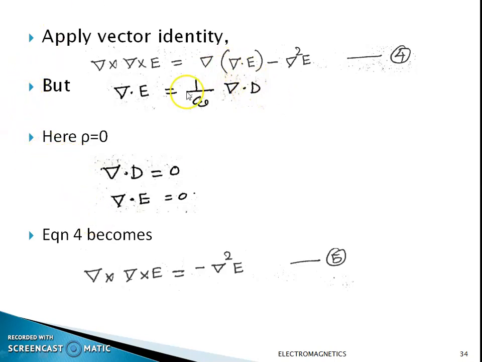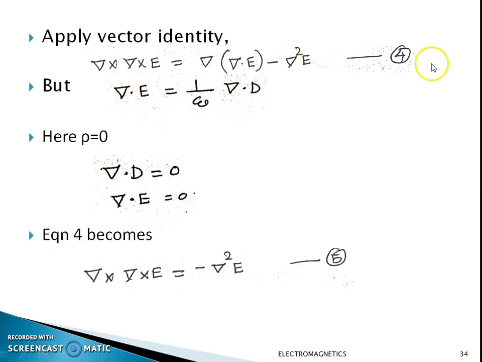Then this relation, 1 by epsilon del dot D, becomes 0, since the value of del dot D is equal to 0. Since the value of charge density rho is 0, this term del dot E also becomes 0.